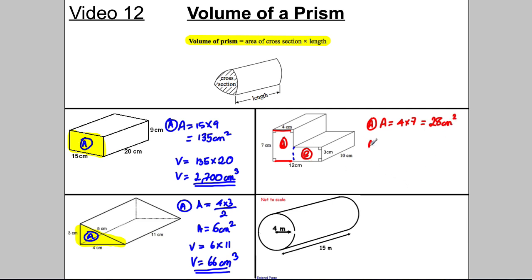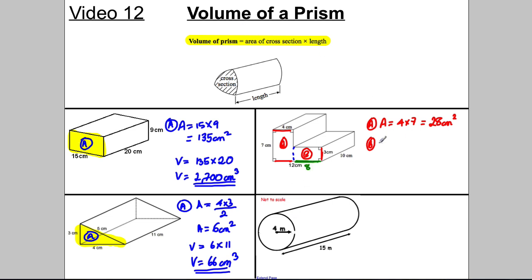Now let's work out the area of B, being very careful what the base and the height is. The height we've got is 3, we know that. Now the key is, what's the base? It's this distance here, which is going to be 12 subtract the 4. Because this was 4, the whole lot is 12, so it's 12 subtract the 4, which is actually 8.